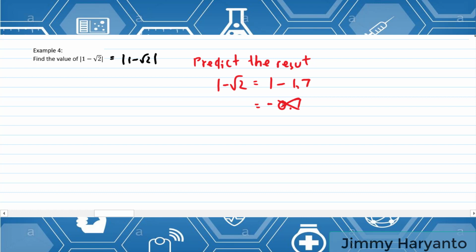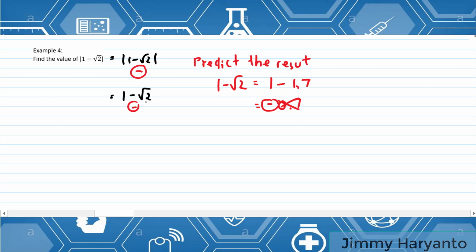We don't need the 0.7, we only need the negative sign. So we know that 1 minus root 2 will be negative. Remember, the result of absolute value is always positive.